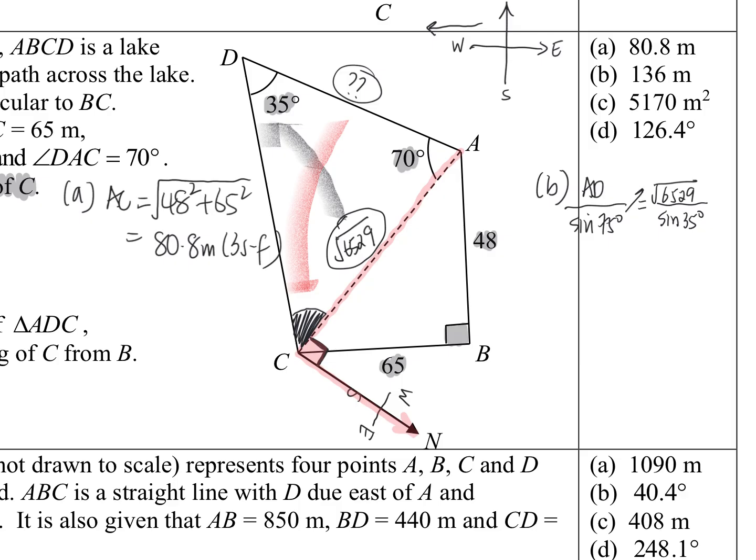So we cross multiply. AD is sine 75 times this. What is it? 136. Okay, so 3SF is 136 meters. 3SF.